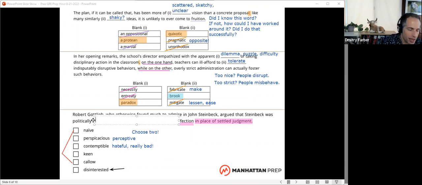I might say something like immature or even unwise, right? They're saying, hey, they like his writing, but when it comes to politics, he's not giving settled opinions. He's more just lashing out like an angry teenager. When you're disaffected, you're rebellious, you're upset, you're disenchanted with the system. You want things to go down. And so that's where naive and callow are.